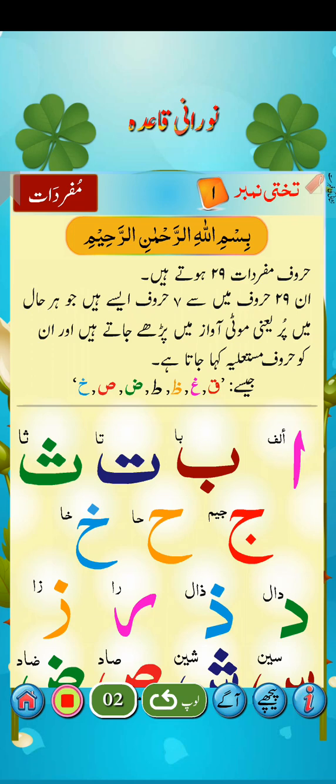A'udhu billahi minash shaitanir rajim. A'udhu. Ta'awwudh, we read in 4 steps. If you are a baby, 2 years, 3 years, and you are parents, you teach and practice with your children, your babies.